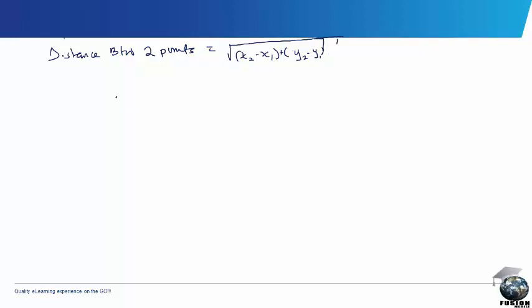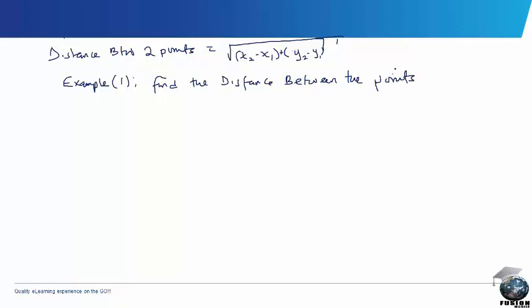We'll quickly take an example. For example 1, you're told to find the distance between the points with coordinates 1, 2, and 4, 6.